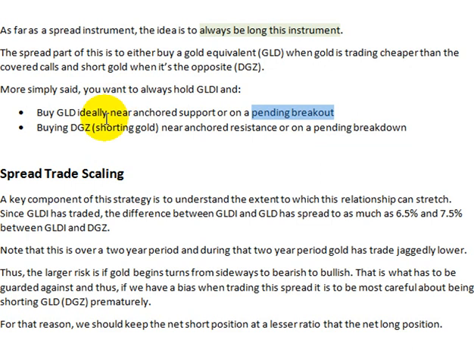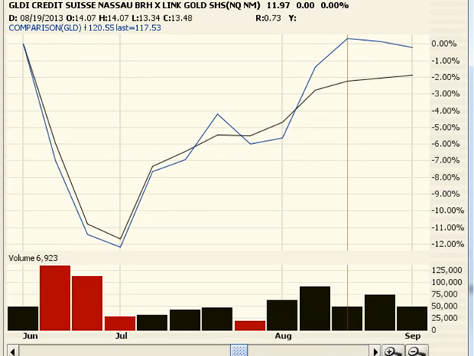So right now, we would want to be long GLDI, and we're going to just get long that and stay that, and we're going to buy GLD along with it. So that's the trade.